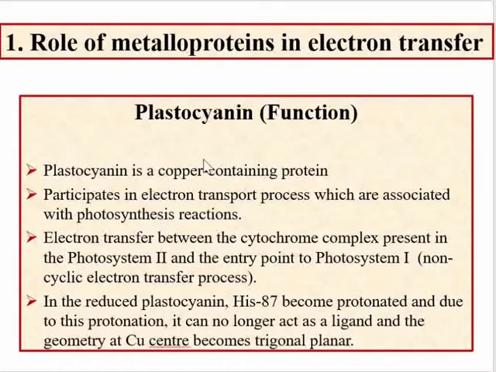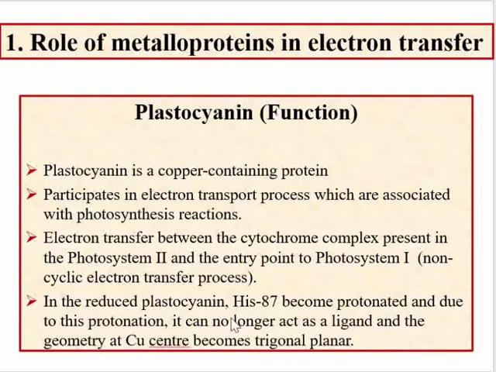These plastocyanins are the electron carriers in photosystem 1 and 2. They act in between these two photosystems, transferring electrons between the cytochrome complex present in photosystem 2 and the entry point of photosystem 1. So plastocyanin transports electrons from photosystem 2 to photosystem 1.